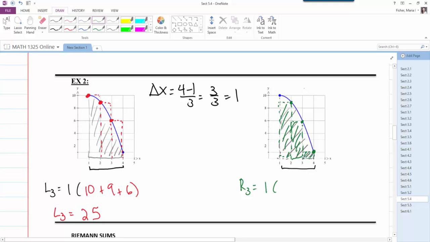So this is a 9 plus 6 plus 1. So then my area for my right endpoint for this curve, R sub 3, would equal 16.